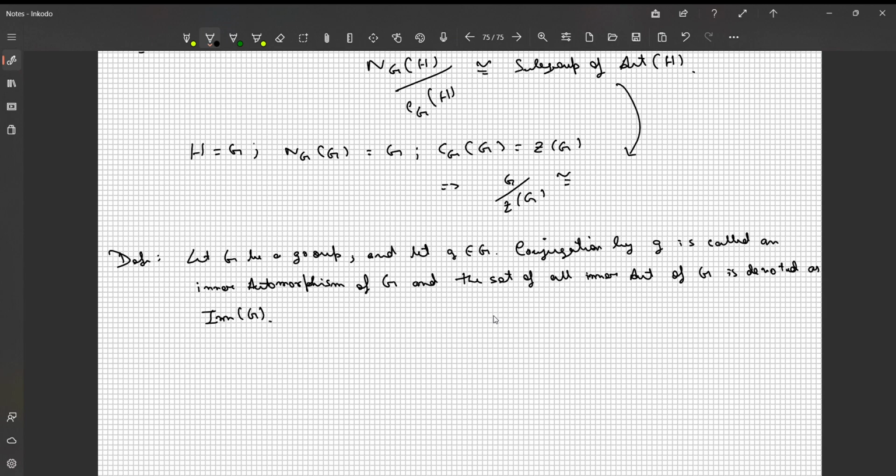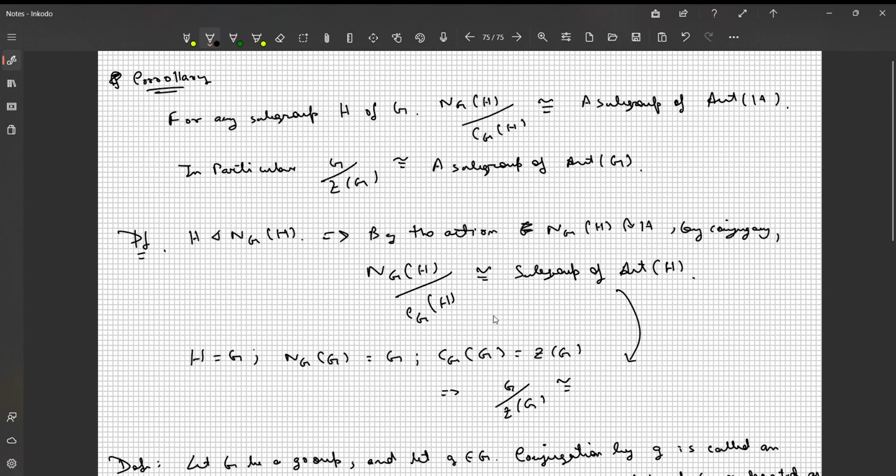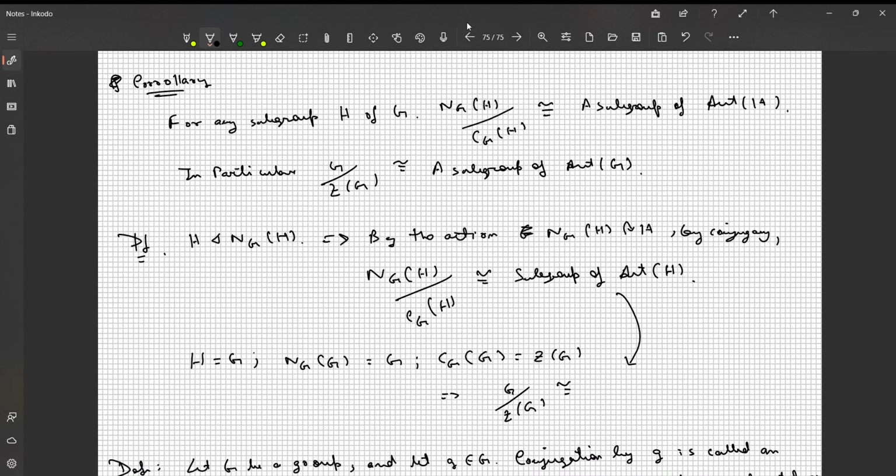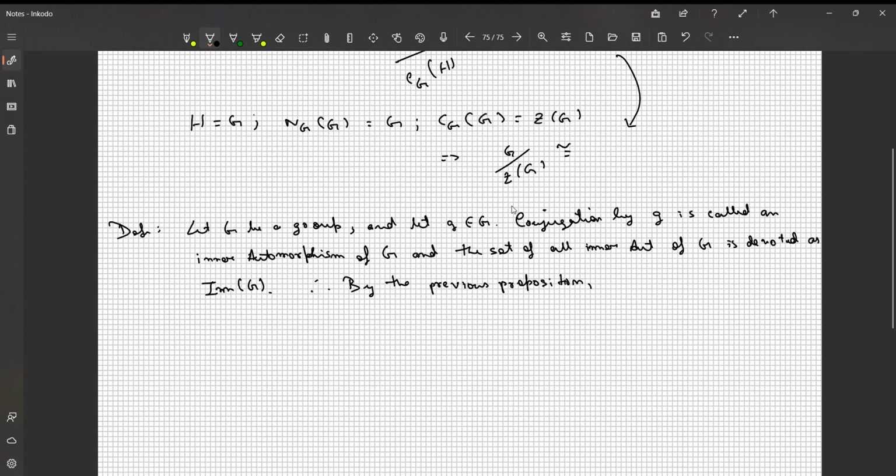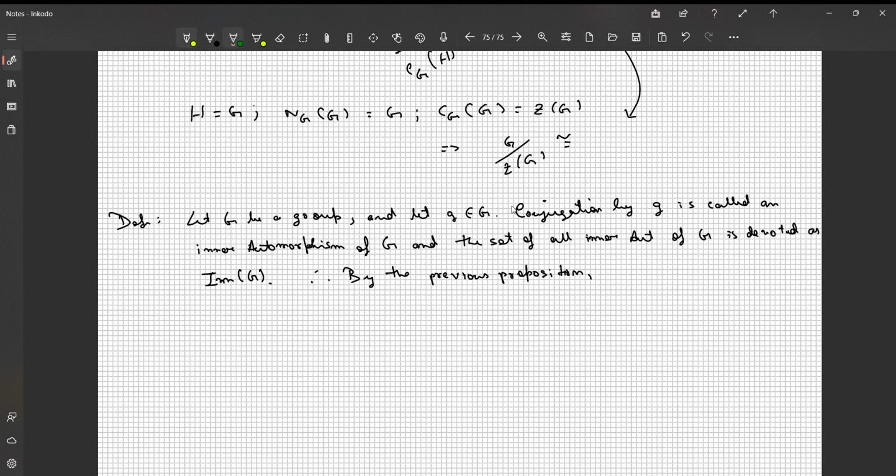Thus, by the previous proposition, let us just move back to the proposition we had. I'm just giving you the hint of it. So what did you have in the proposition? You had a mapping from G to the set of all automorphisms of H, right? You can also replace this by G, because you can consider the action of G on itself.